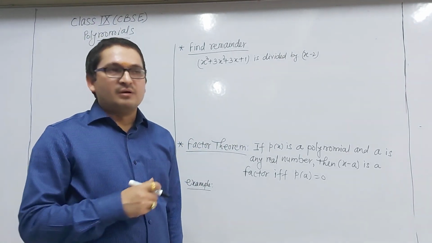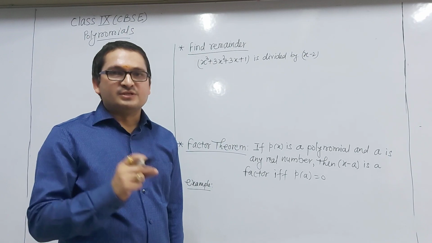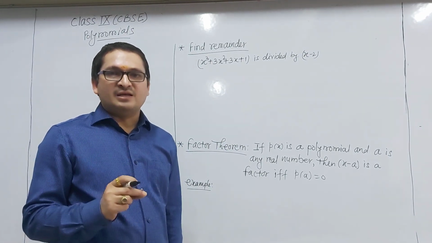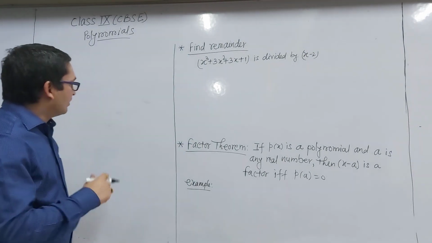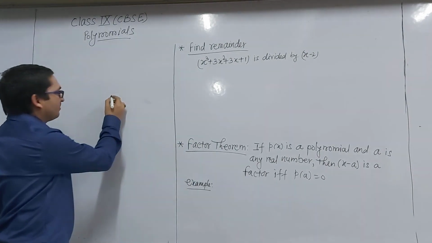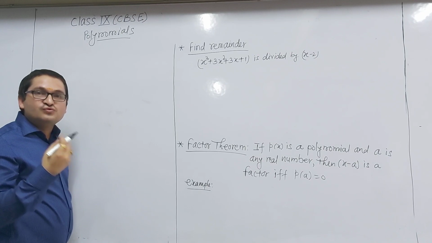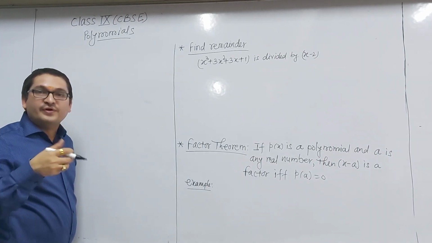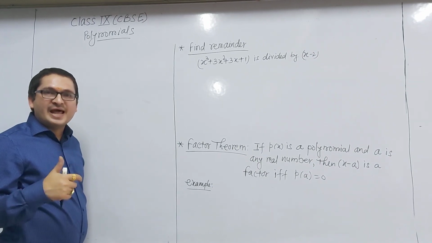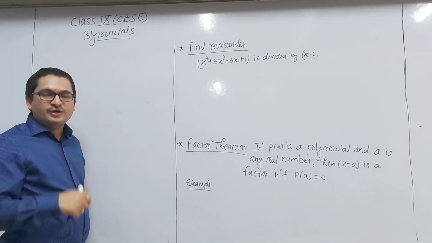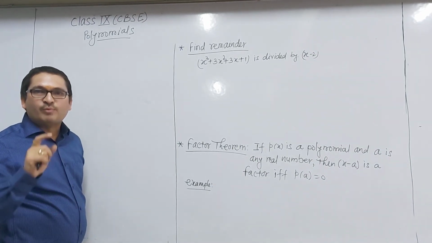As I have told you, if you want to check whether the given algebraic expression is a polynomial or not, first you have to check whether the power of each variable is a positive integer or not. If the power of each variable is a positive integer, then it will be a polynomial.